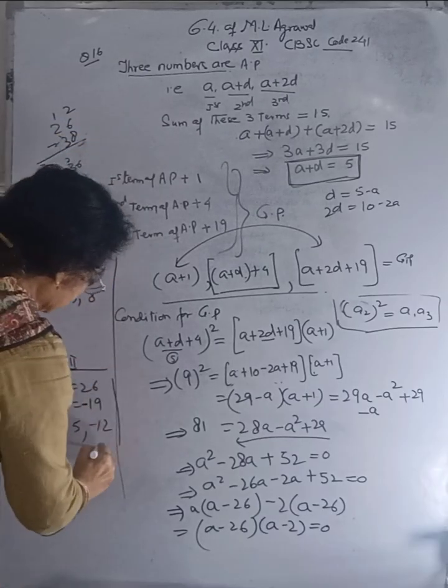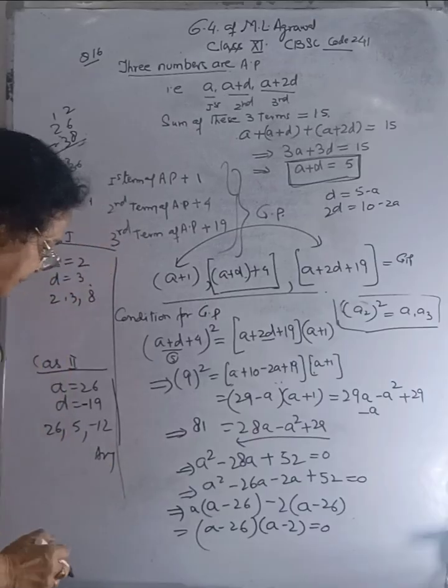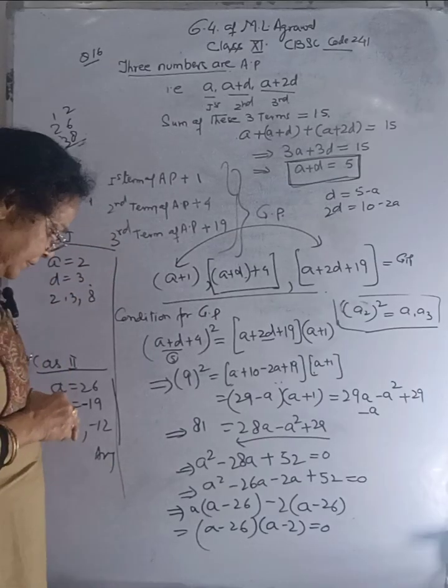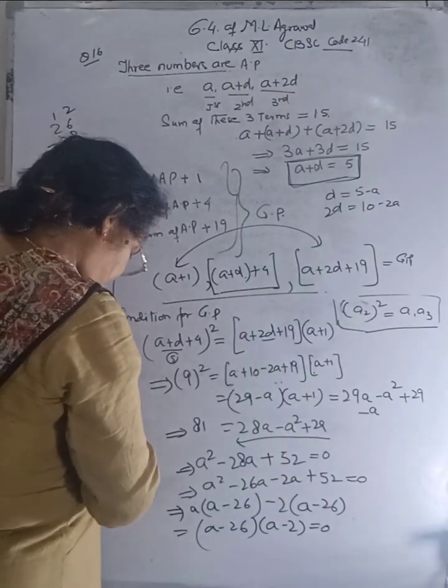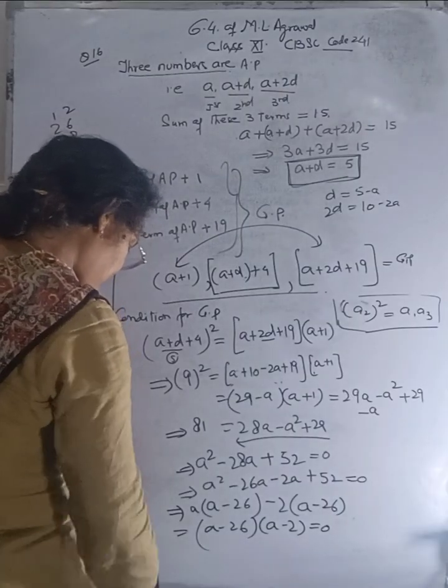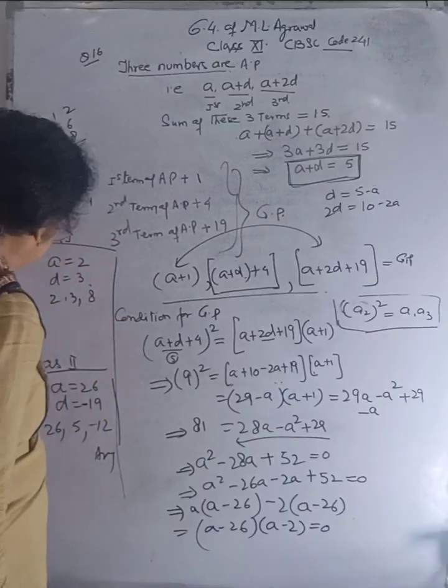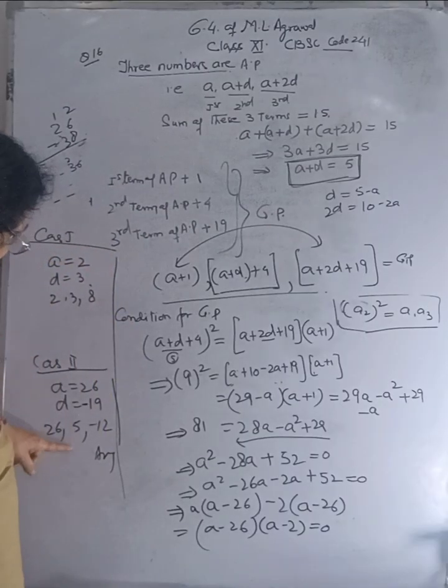This will be the answer. This is 5 and minus 12. Correct. The answer is very much correct.